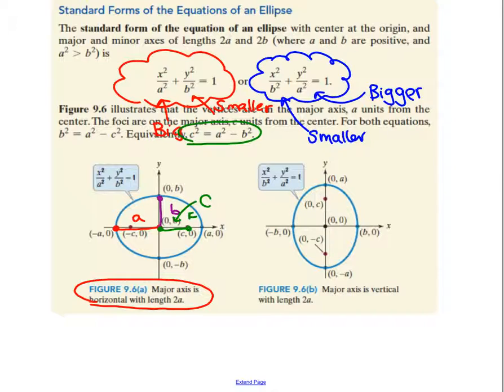So from the center up to this vertice will be your distance a, which we find from the equation. This distance from the center over to the minor axis, half the minor axis length, is a distance b in the purple.